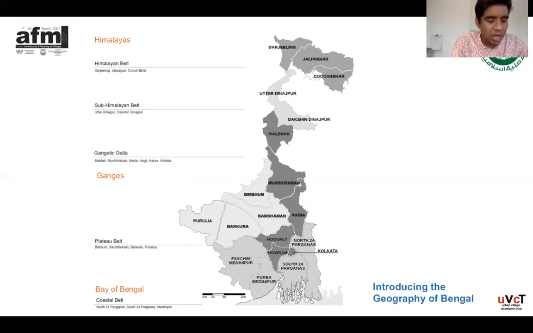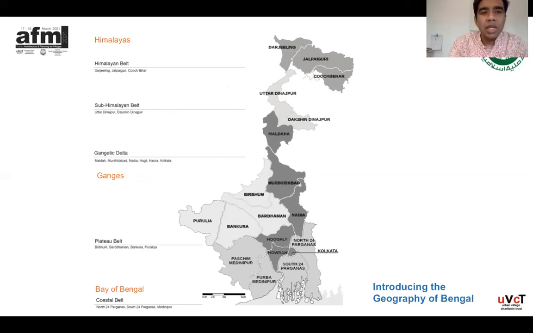The state of West Bengal can be broadly defined into 5 major geographical regions, namely the Himalayan Belt, the Sub-Himalayan Belt, the Gangetic Delta, the Plateau Belt, and the Bay of Bengal. For the purpose of the study, the districts have been classified under these broad geographical regions.